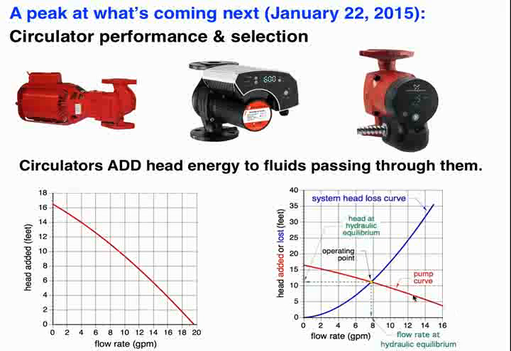There's a pump curve for a given circulator. Where they cross is where the head input from the circulator equals the head loss from the piping circuit. That's the flow rate the system's going to settle into. So what we've done today is a critical part of selecting that circulator. Back in our head in January, we're going to get into that in more detail.